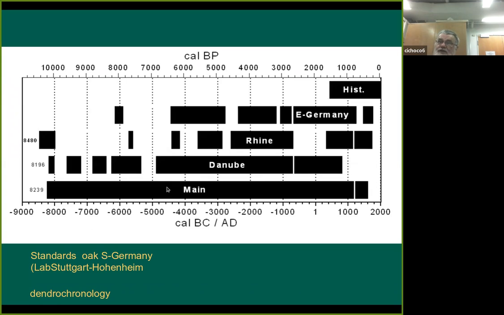And so it's possible also to compare such standards, such big floating pieces. And in this case, it was possible to absolutely date those floating pieces of Danube oak. So again, we have the absolute dating going back to here, of course, with some gaps in between.